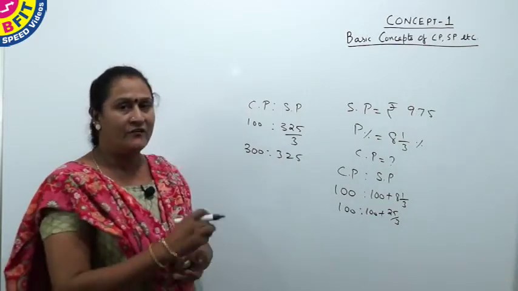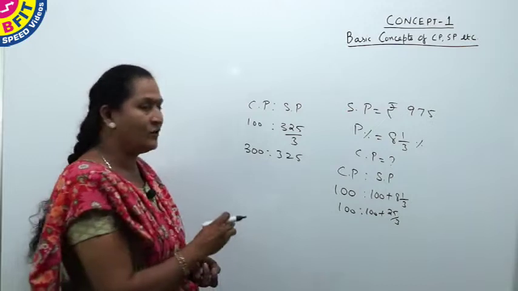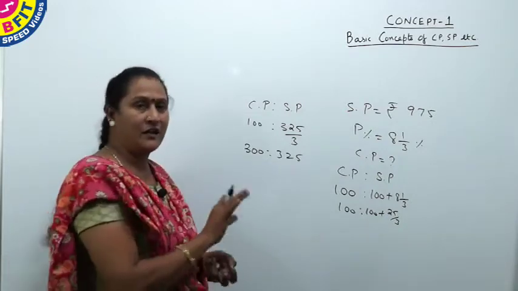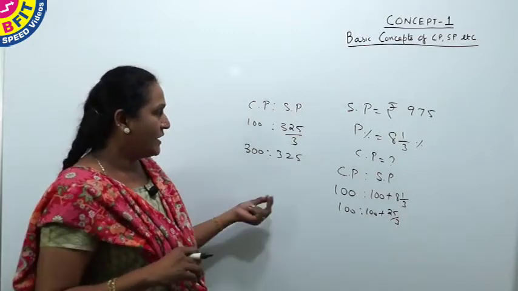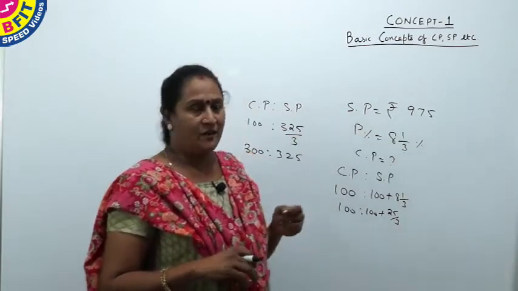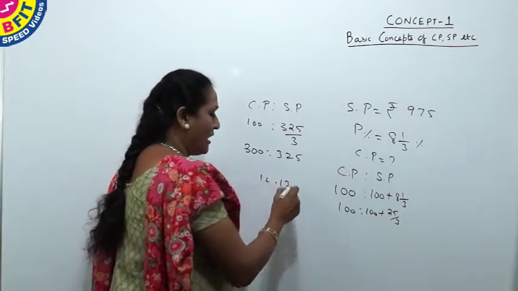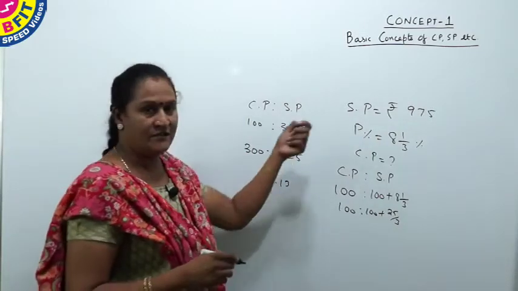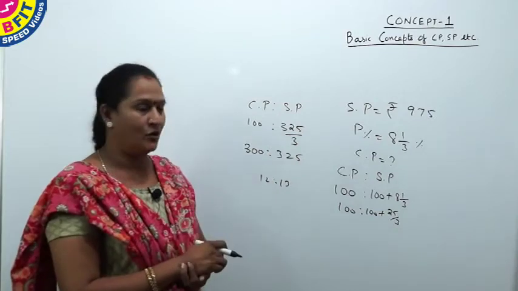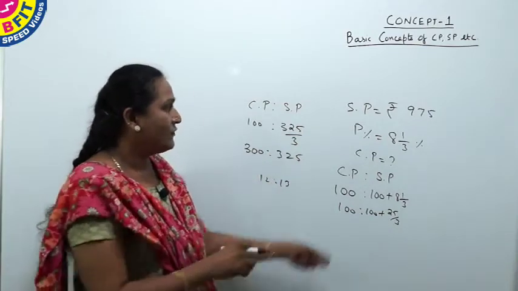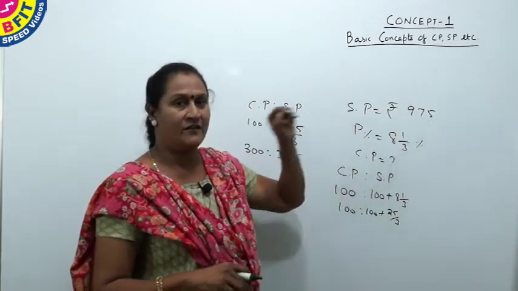But before simplifying, we'll give a look at the data. It's not that always you have to get the ratio and proceed. Here selling price is 975. After simplifying, we'll get the ratio 12 is to 13, and we have to see how many parts 975 is, find the factor and so on. Here instead of simplifying 300 and 325, when you check selling price, it is 975.